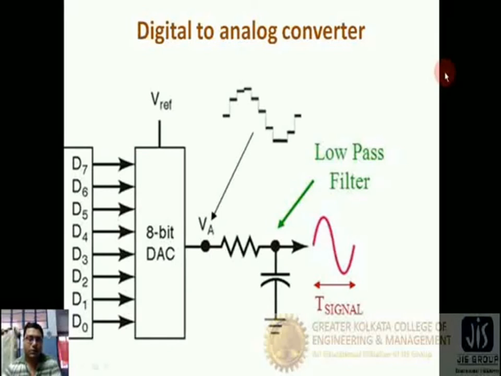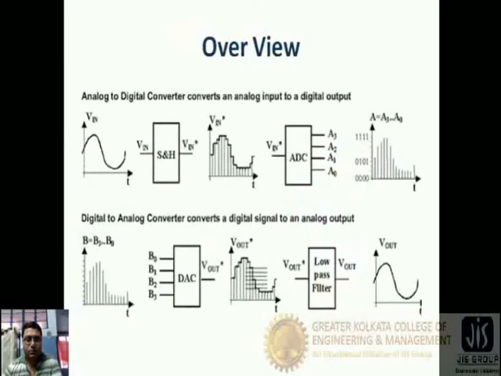So in the overview, we'll recapitulate the whole process of how the analog signal is transmitted. Say for a voice telephony system, the analog signal is produced by the microphone, and this signal is first sampled. It is the sample and hold circuit.